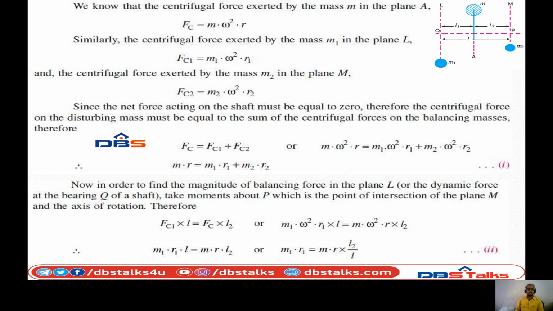But since the net force acting on the shaft must be equal to 0, this is to be satisfied for any balancing.